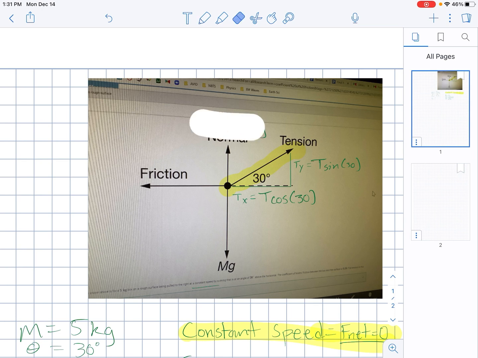However, in this problem, our tensional force is pulling up a bit. So our normal force is not completely equal to mass times gravity, because it's not just sitting flat on the table. It is being pulled up a little bit. That doesn't mean it's moving up. It just means that some of the force opposing gravity is contributed by the tensional force in the y direction.